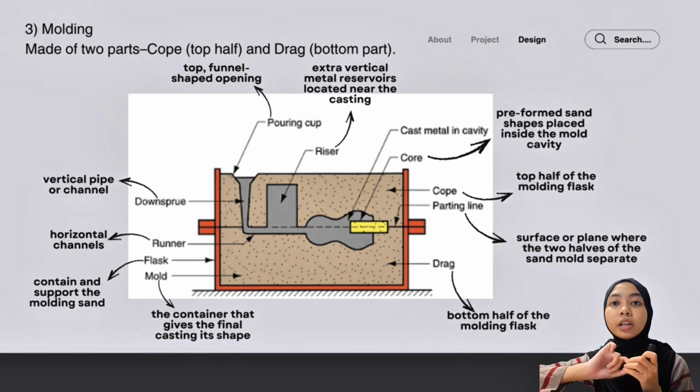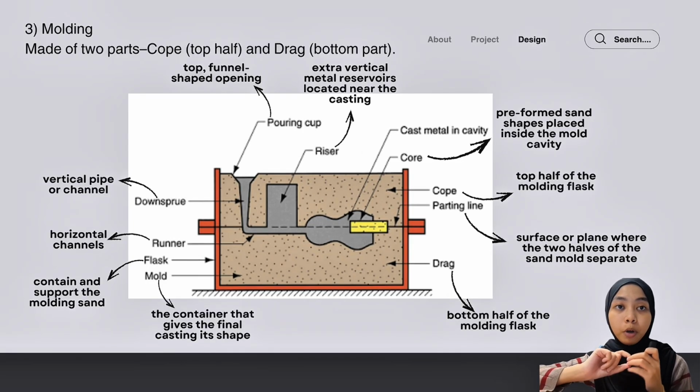The drag is the bottom half of the molding flask, and the mold is the container that gives the final casting its shape. The flask is to support the molding sand. The runner is a horizontal channel in the mold, and the last one is the downsprue, which is the vertical pipe or channel that connects the runner with the top opening.